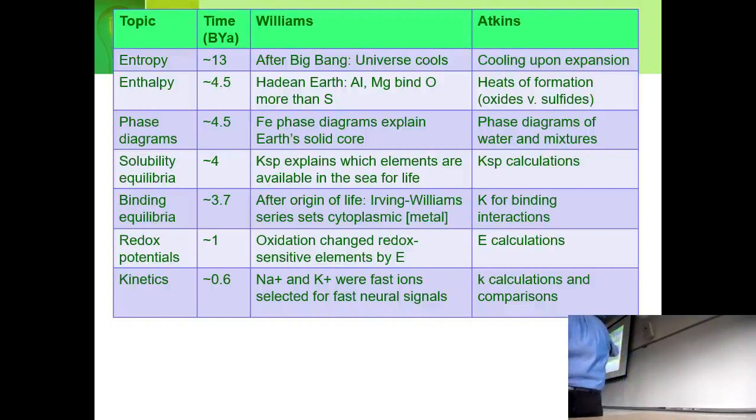As we go through, we're going to eventually talk about phase diagrams in the next chapter. We're going to talk about solubility and equilibria in chapter 4 of Atkins. And that goes exactly with chapters 4 through 5 of my book. So it's kind of interesting that if you look ahead, we can talk about how Atkins and the history of the world sort of line up.